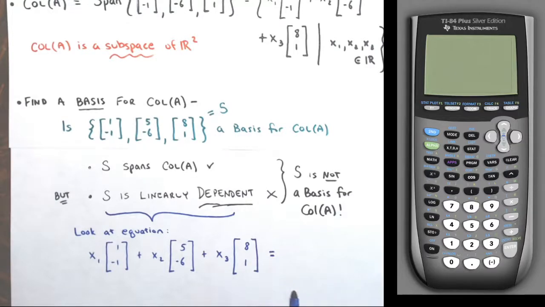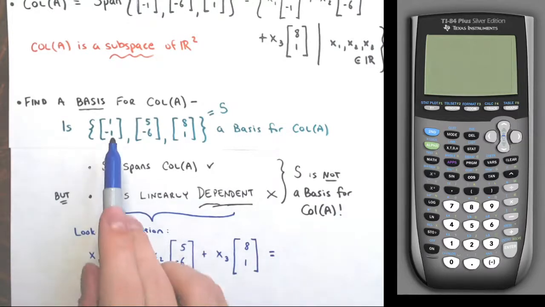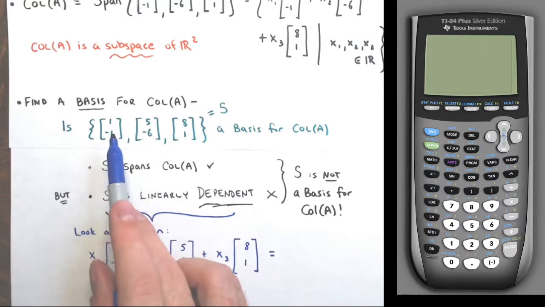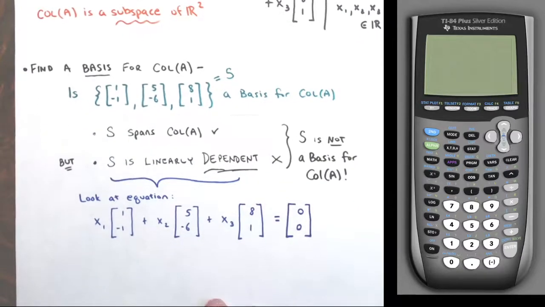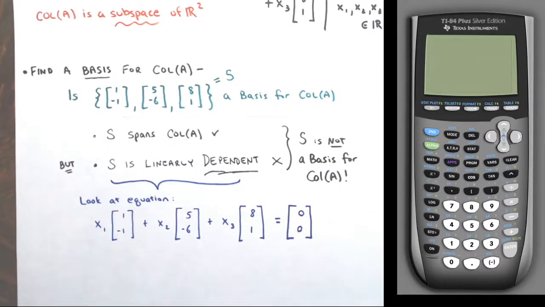When you're testing for independence, you're asking what linear combinations of the vectors in the set is going to be equal to the 0 vector. Now the 0 vector in R2 is that vector with two zeros, 0, 0.